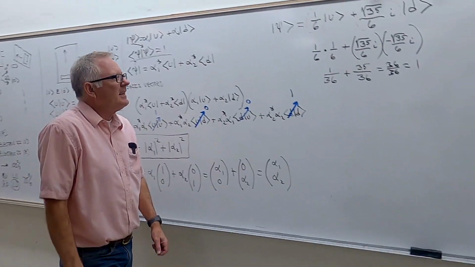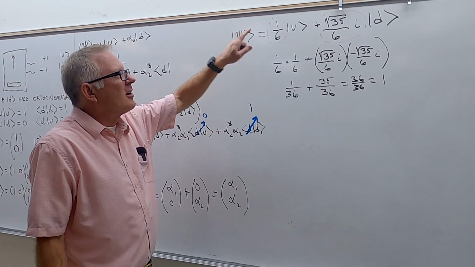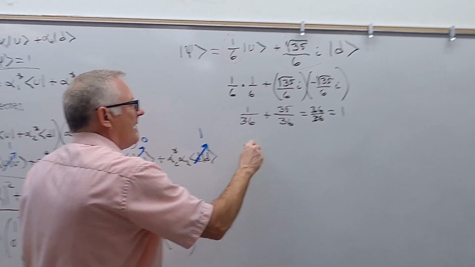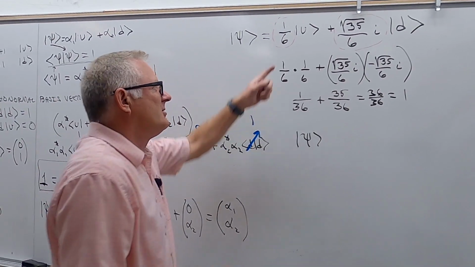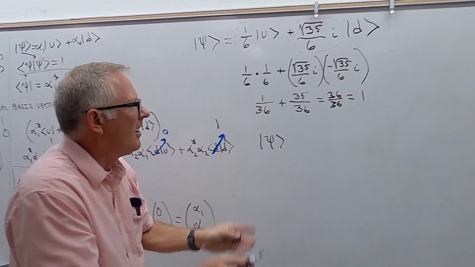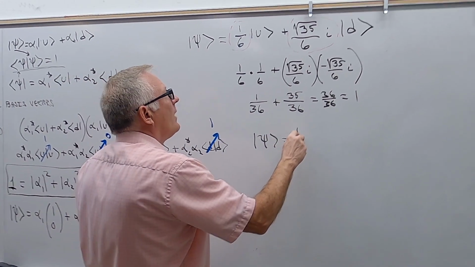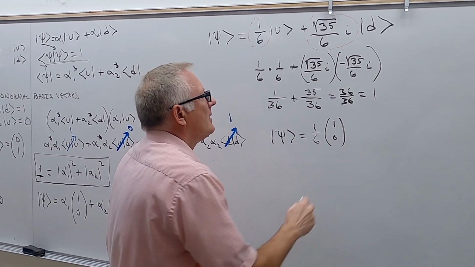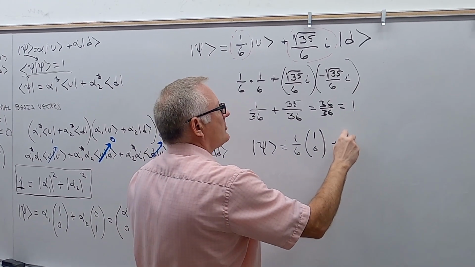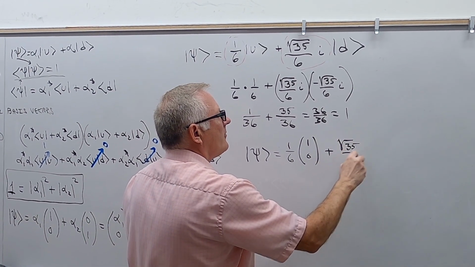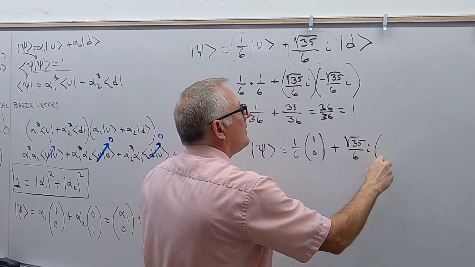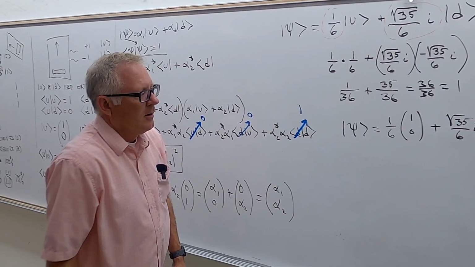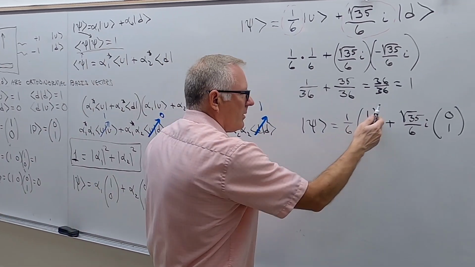Now, the next thing is, write this as a column vector. So, instead of just vector notation, put it as a column. So this would be 1/6 of 1, 0. This would be plus the square root of 35 over 6 i, 0, 1. Okay, now we can multiply those through.